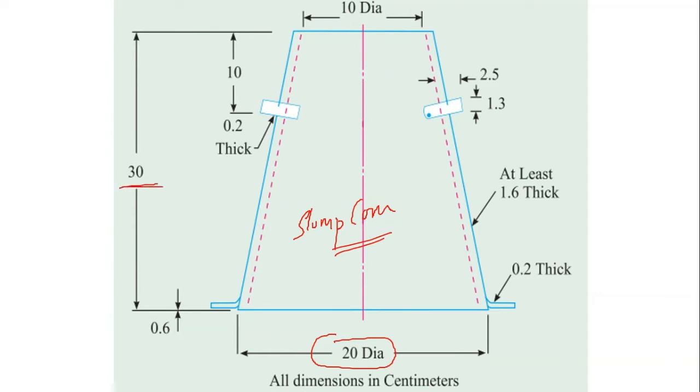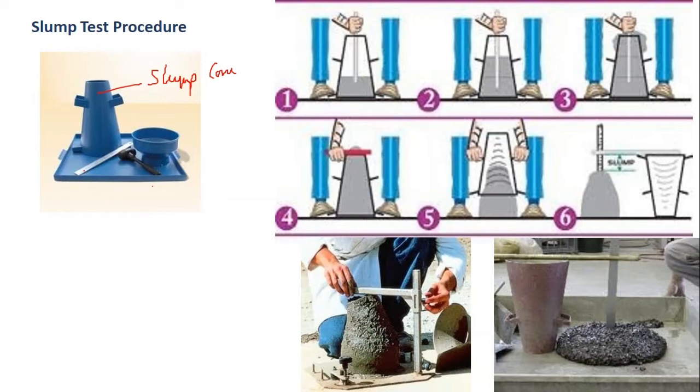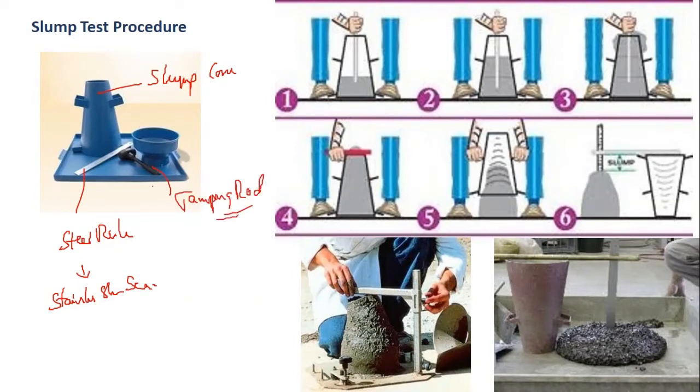This is the steel rule, these are the tamping rods, and this is a tray.